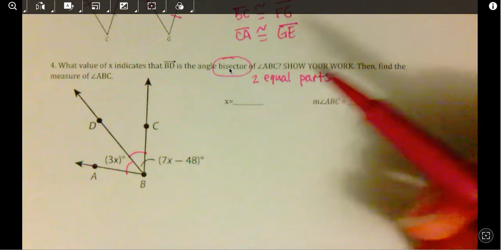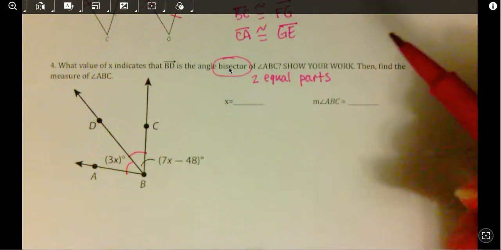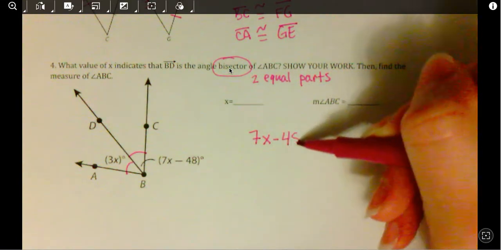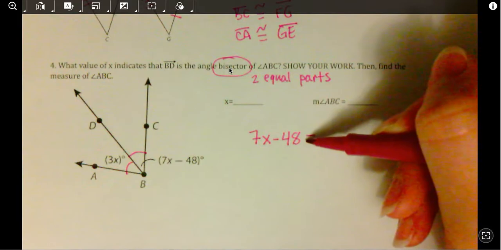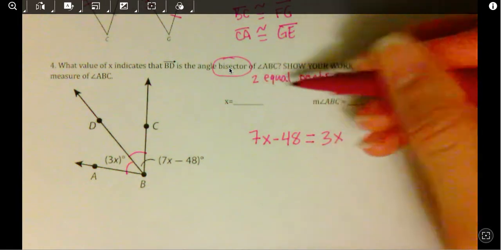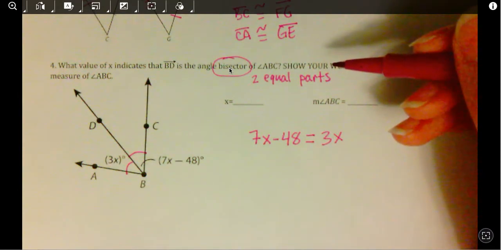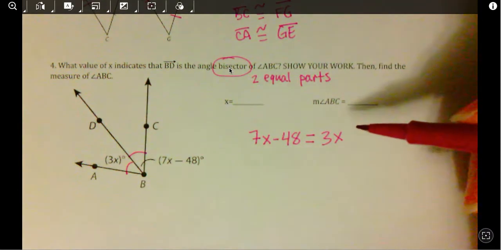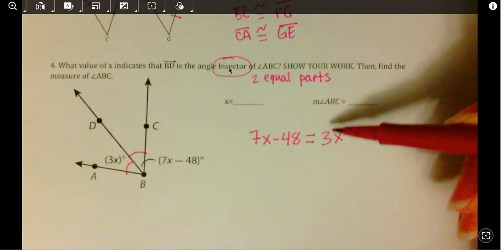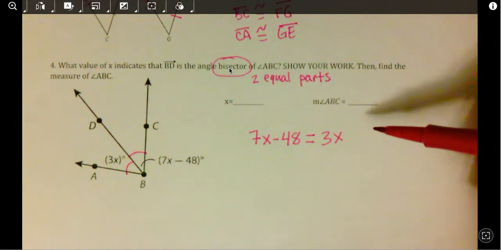So how else would you solve two things that are equal but set them equal to each other? It's not a straight line, so it can't equal 180. It's a bisector, and when you think about bisecting, you need to think about two equal parts. The thing about these kind of problems is it confuses you because you want to pick on the little guy, but then that leaves nothing over here.